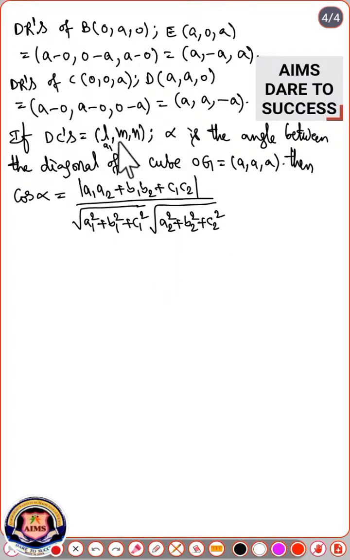Here the first direction cosines L, M, N you can write as A1, B1, C1. After that, the diagonal OG values you can write as A2, B2, C2. So I am substituting values.